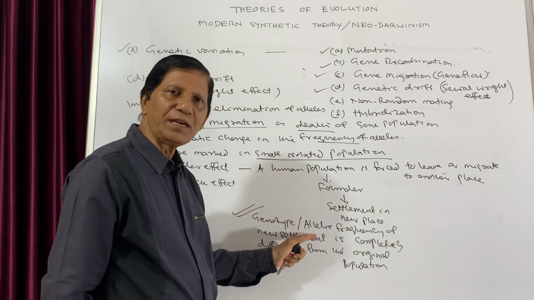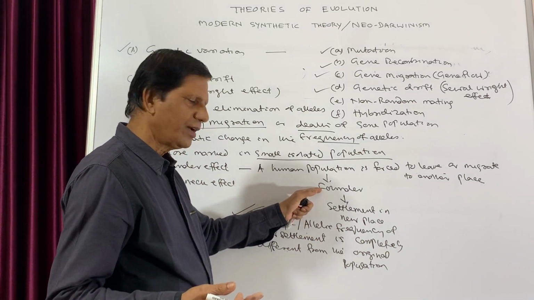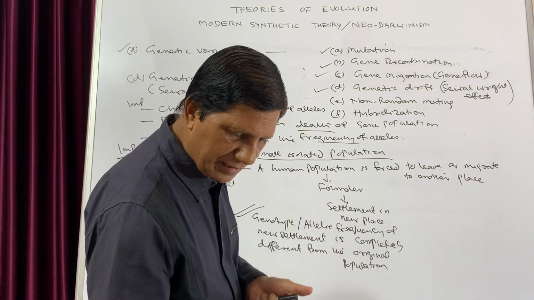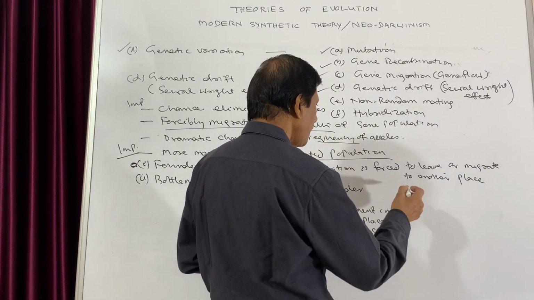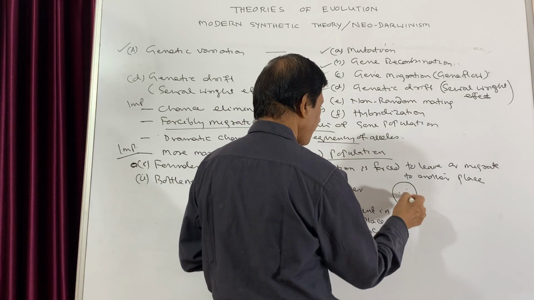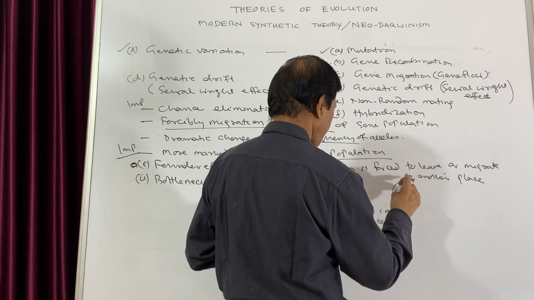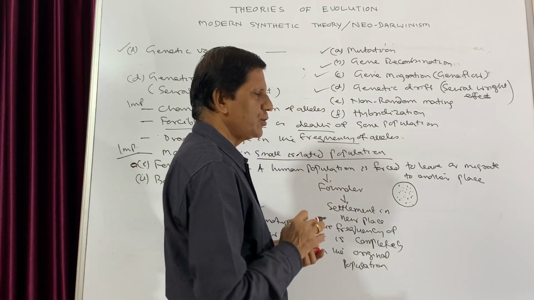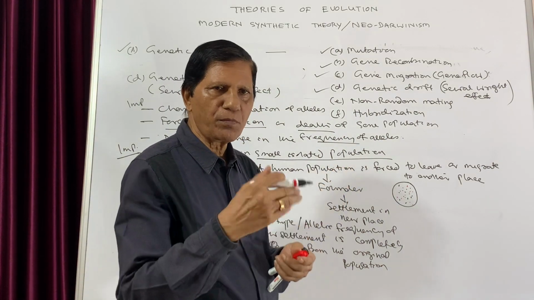That means the allelic frequency of the new settlement where the founders are present is completely different from the original settlement. Now if we discuss it in a diagrammatic manner, you can understand better. Suppose some population is here. Now, suppose a part of this population is forced to migrate.